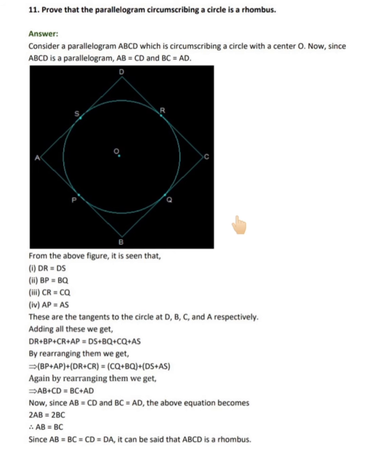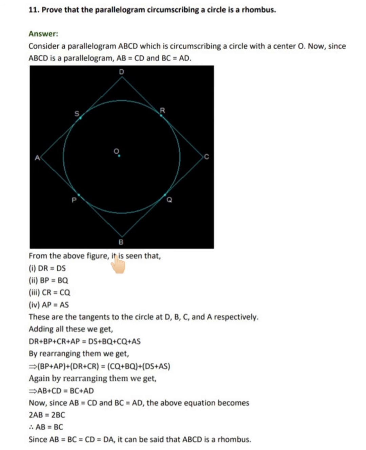Okay, now from the figure, see DR plus CR. DR is here and CR is here somewhere, no? So DR plus CR is DC.